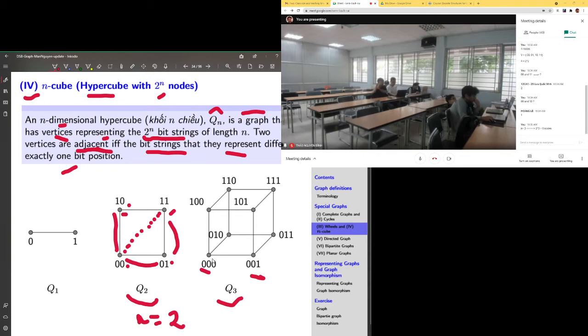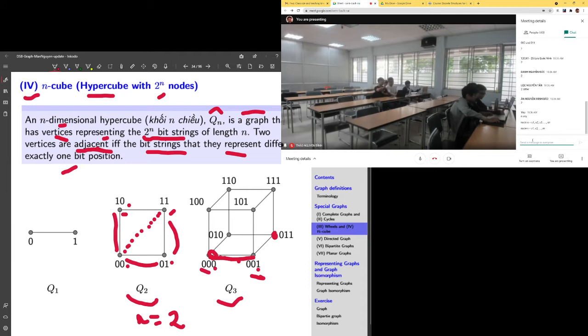Then after that, you get the second node V: V1, V2, V3, up to Vn. So this is the general case. Okay? Then how do we know that they are different in exactly one position?